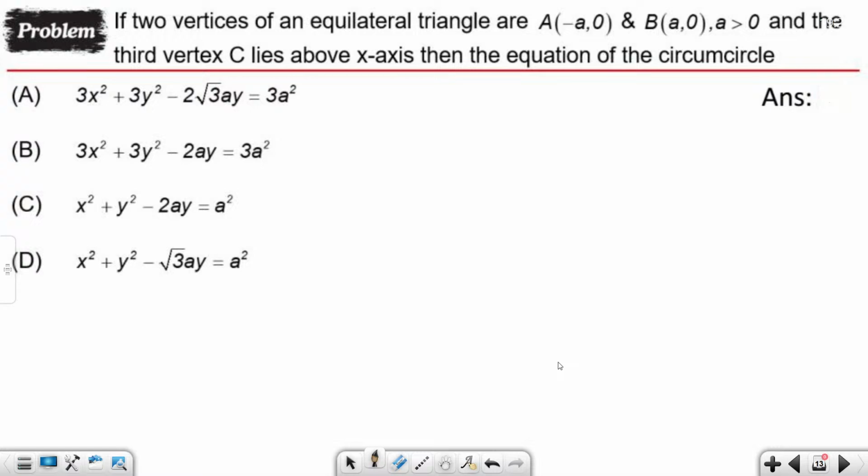Now, see this question. The question is, if two vertices of an equilateral triangle, A and B, are given, let me just draw the diagram.